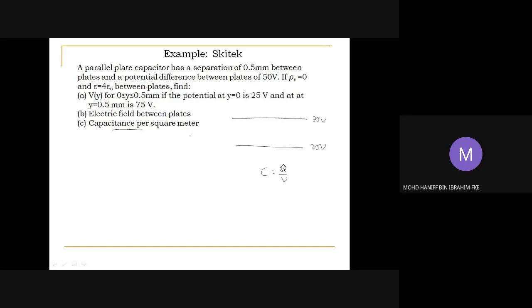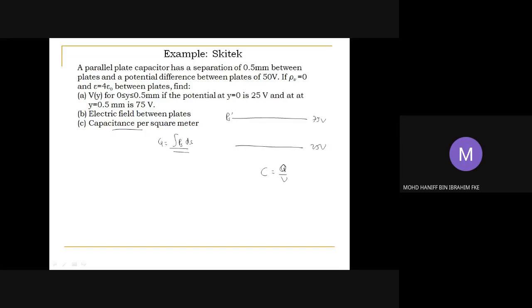Based on our lecture in chapter 5, Q is a charge which can be calculated either on the positive plate or the negative plate of your capacitor. If we assume the charge here is rho s, then Q is the charge on this particular plate, calculated by the integral of rho s dS.